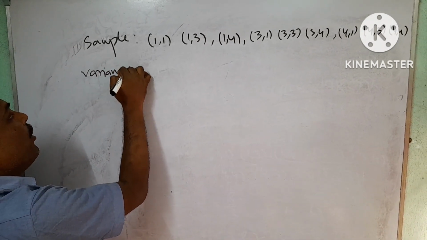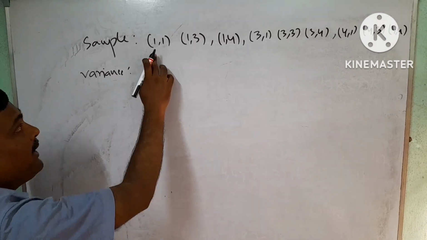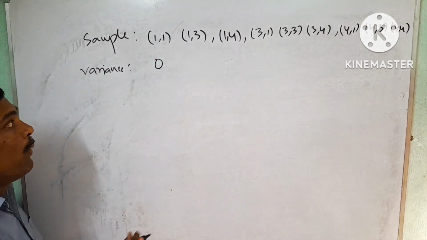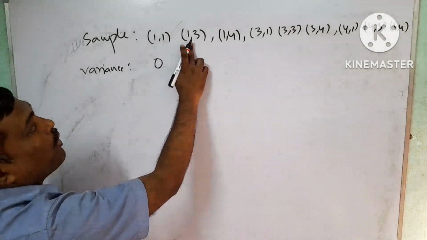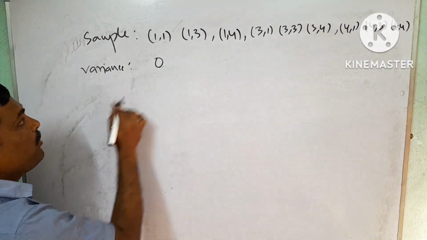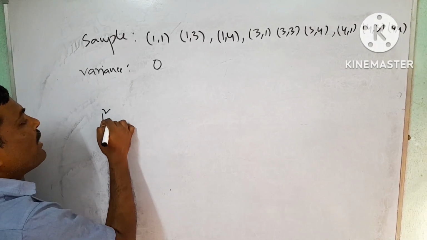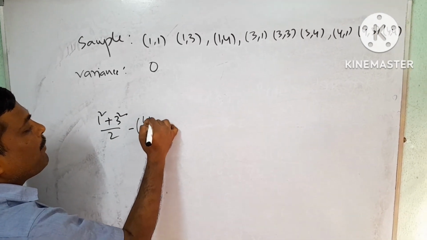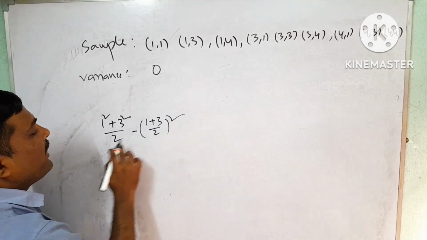For sample 1 1 there is no variance, so it is 0. For sample 1 3, variance is 1 square plus 3 square divided by 2, minus 1 plus 3 divided by 2 whole square.